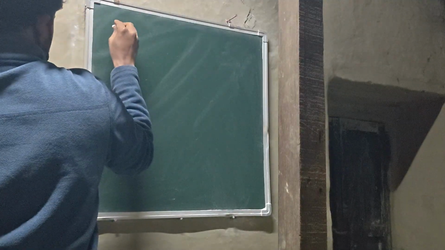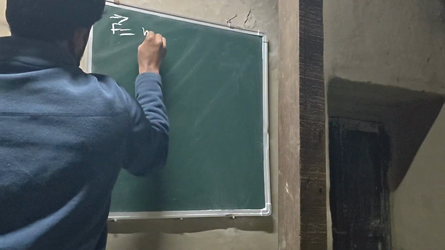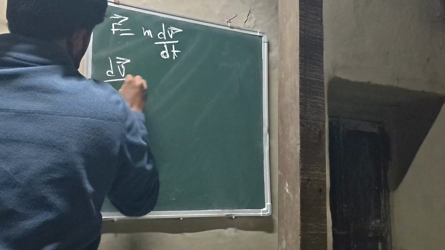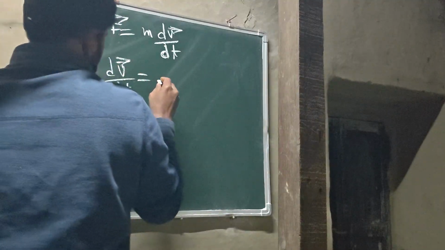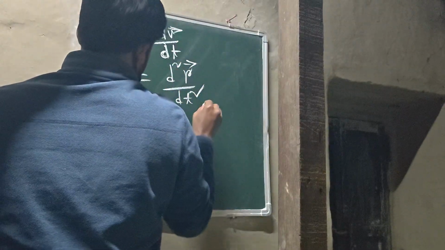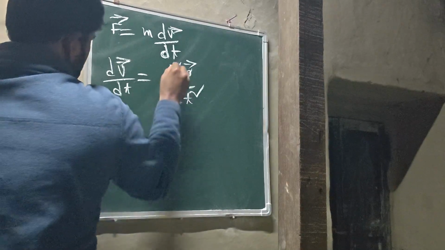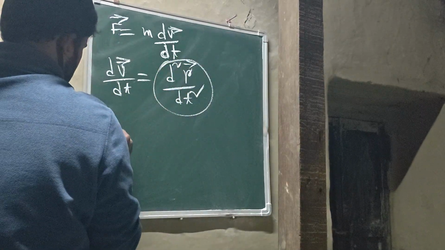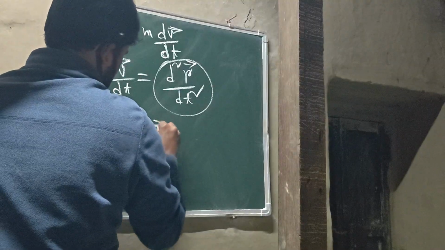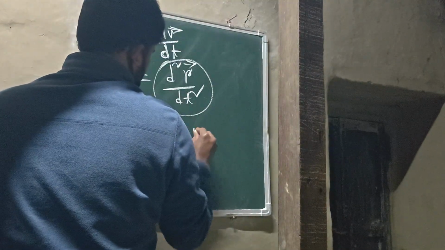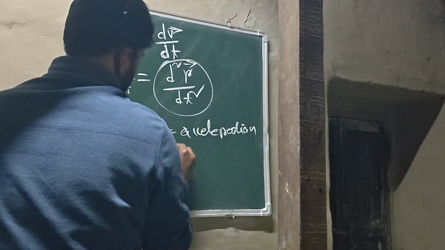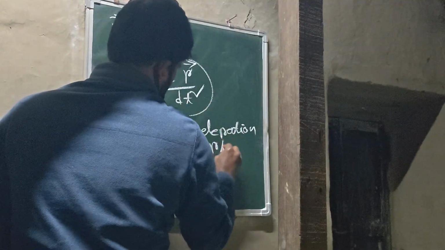Then we get force F equals m dv/dt. Here dv/dt equals d2r vector by dt2. This quantity, d2r vector by dt2 equals a vector, is called the acceleration of the particle.